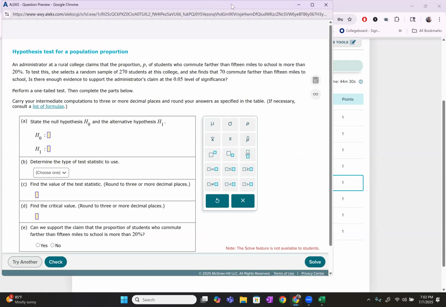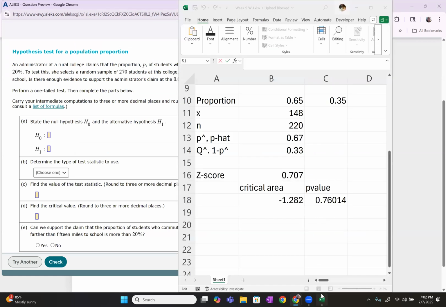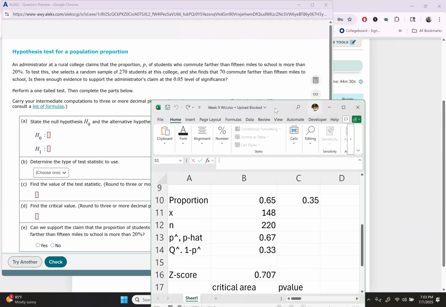Take a look at this question real quick and take a look at your Excel sheet. An administrator of a rural college claims the proportion P of students who commute farther than 15 miles to school is more than, I'm sorry, the 20%.